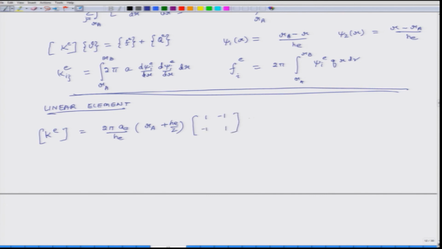So, that is the definition of the K matrix, and the definition of the F vector for the eth element is 2 pi Qe He over 6 times a vector 3 Re plus He and 3 Re plus He.